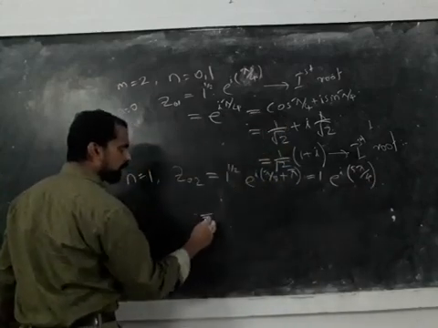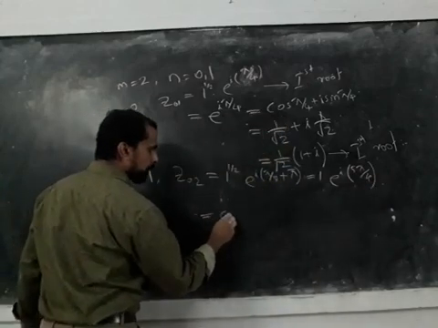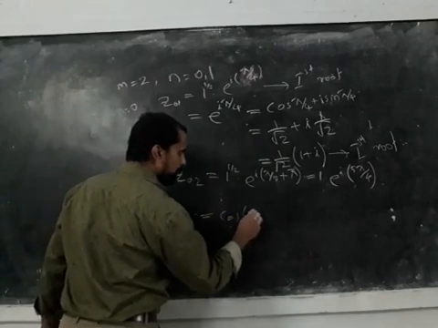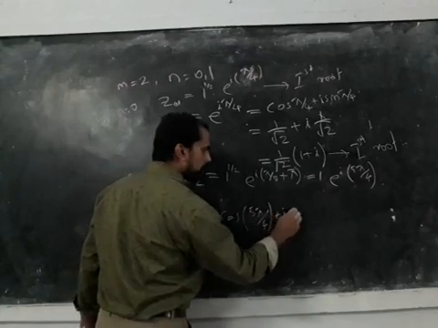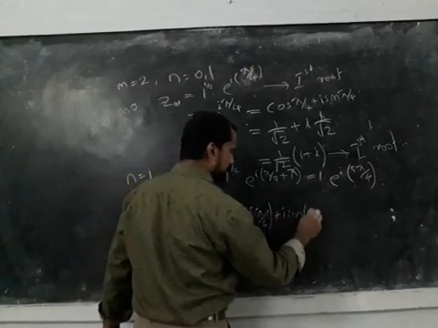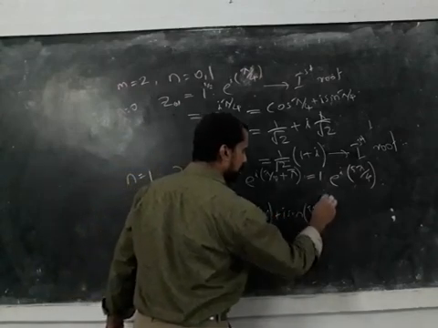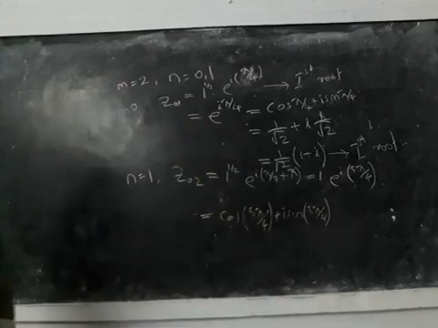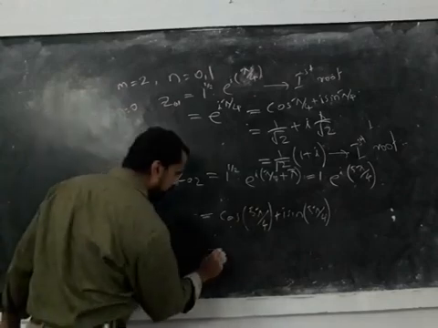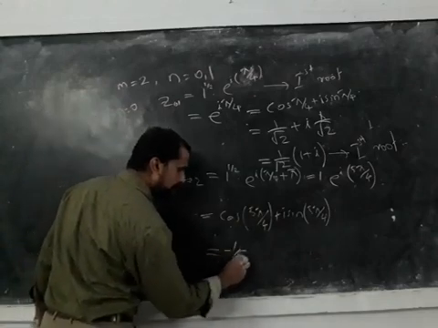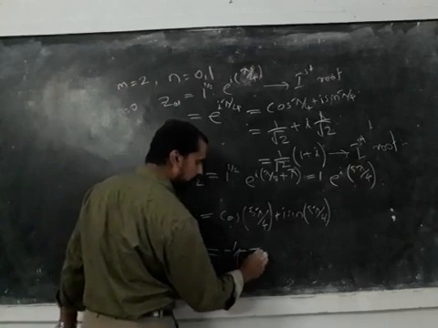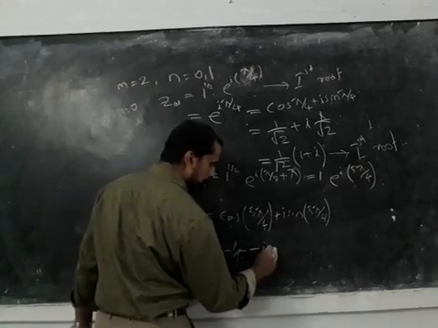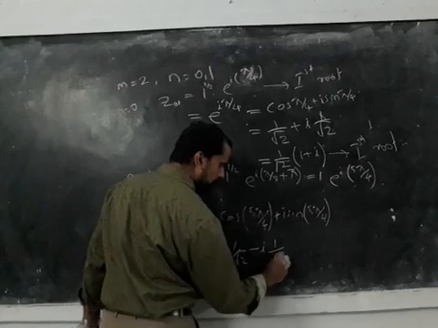So this is equal to cos 5 pi by 4 plus i sin 5 pi by 4. So what are the values of it? If you just check it, you will get minus 1 by root 2 minus i 1 by root 2.